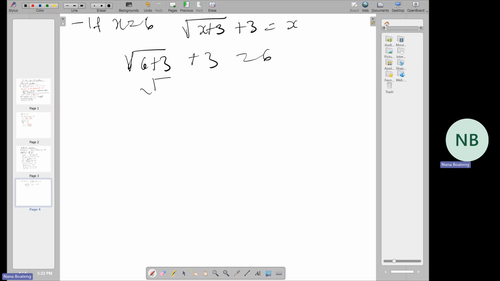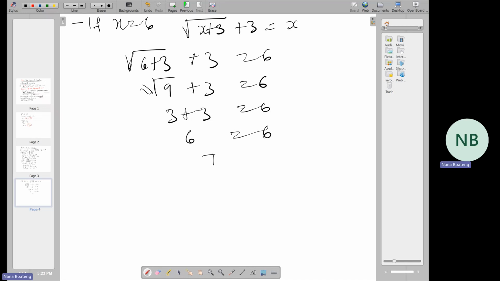So this is square root of 9 plus 3 is equal to 6. The square root of 9 is 3, so this becomes 3 plus 3 is equal to 6. So 6 is equal to 6. This expression is true. So that means x equal to 6 is a solution.